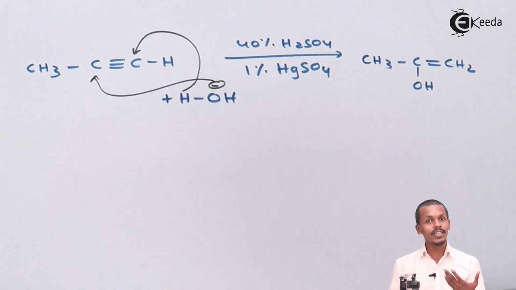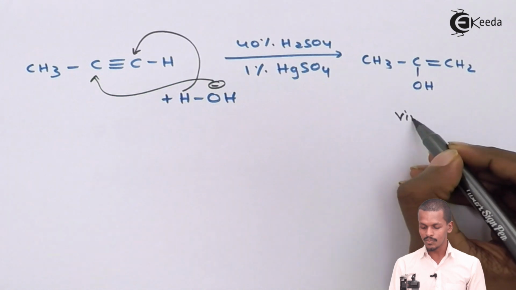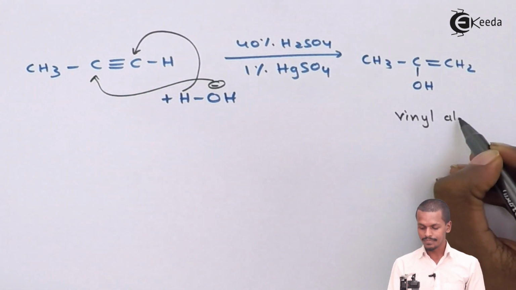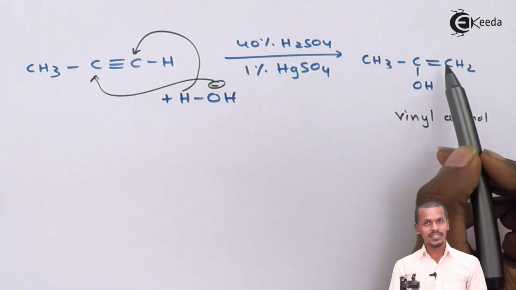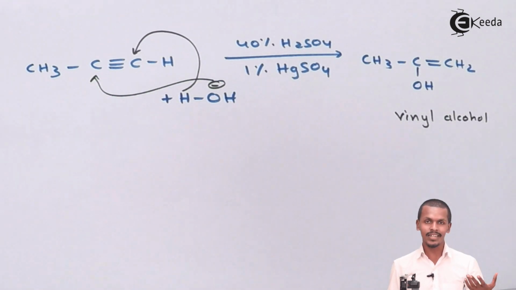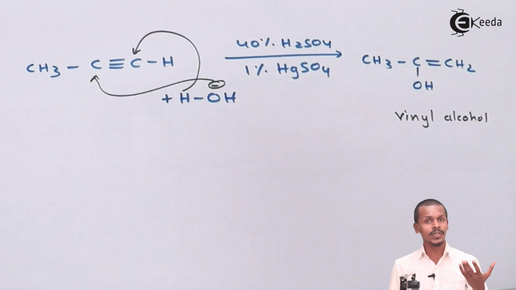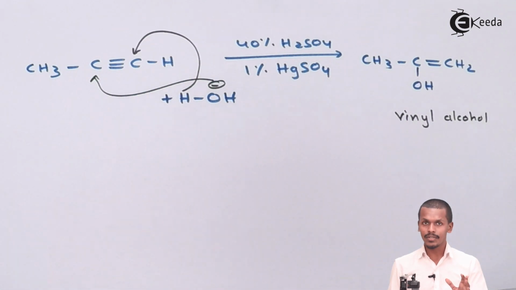This is the product that has been formed, which is known as vinyl alcohol, or we could name it in this form also, where the total number of carbons is 3, which would be called propane in terms of an alkane. But this is not propane, this is propene, and the hydroxyl group is attached on the second carbon atom, so this is called prop-1-en-2-ol.